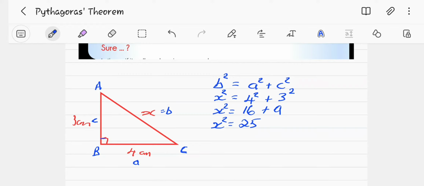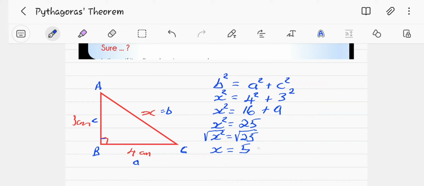Now we want to find out what x is. We have x squared, and we need x. So what we're going to do is find the square root of both sides to get rid of this square right here. So it's the square root of x squared and the square root of 25. The square root of x squared is just x, and the square root of 25 is 5.